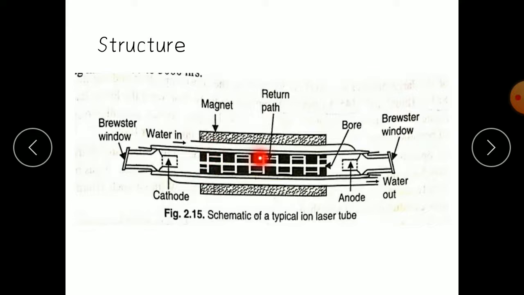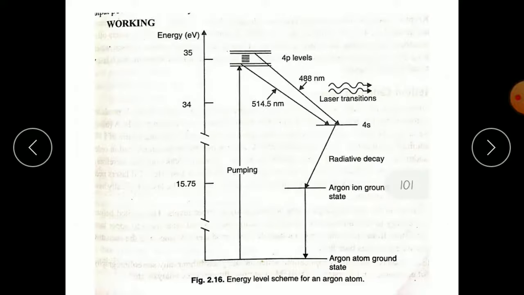That's why this return path is there. So this is about the working of the argon laser.